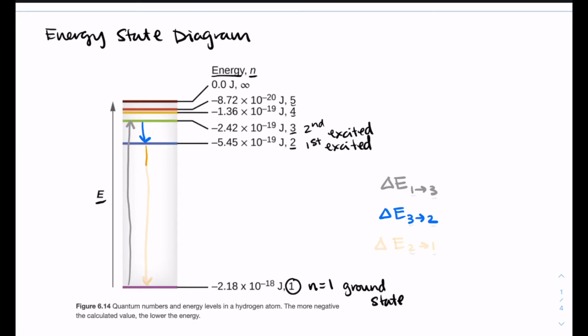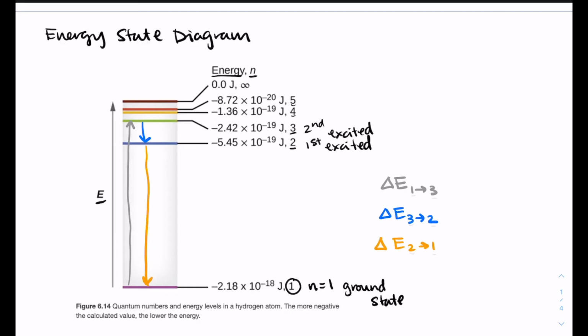And then it can do a number of things. It can transition back down to N equals 1. It could go from 3 all the way back down to 1, which I don't have that arrow written on here. Or it could go from 3 to 2 and emit a photon that has that very specific amount of energy. But now my electron is still in the first excited state, so it could then go from N equals 2 to N equals 1 and emit that amount of energy.